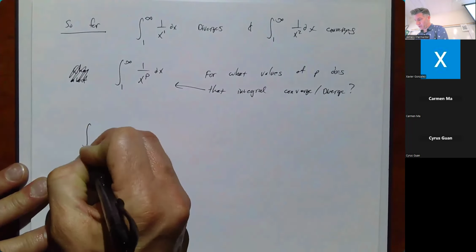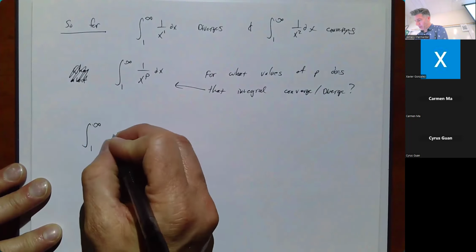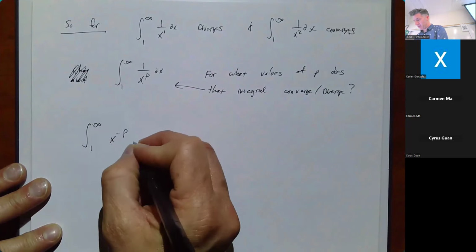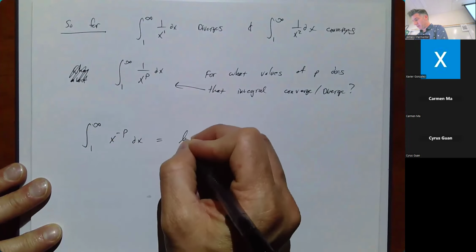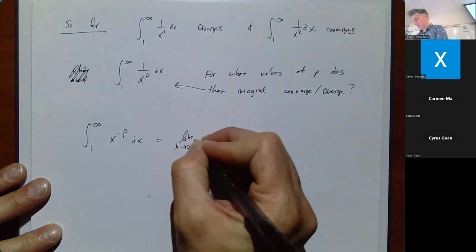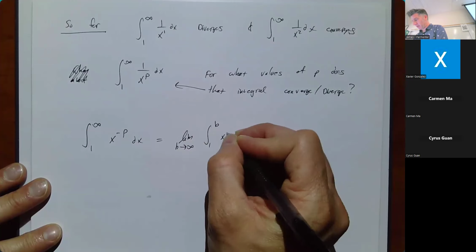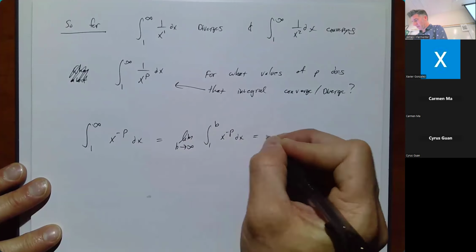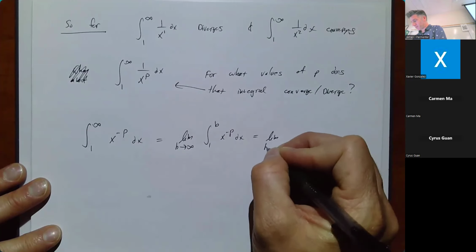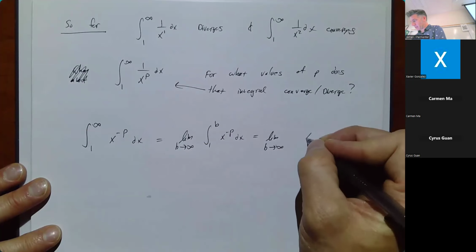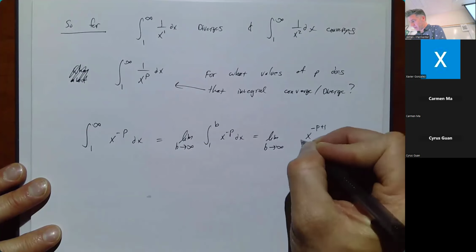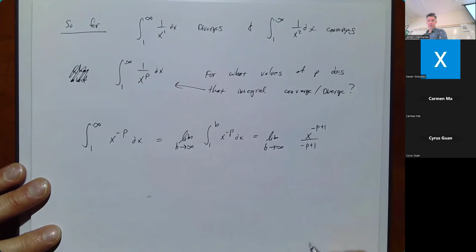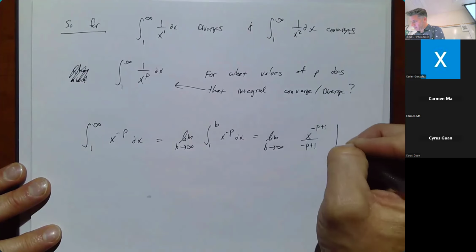So we do the integral from 1 to infinity of x to the negative p. We're going to write that as the limit as b goes to infinity of the integral from 1 to b of x to the negative p. We're going to anti-differentiate. We're going to get x to the negative p plus 1 divided by negative p plus 1 from 1 to b.